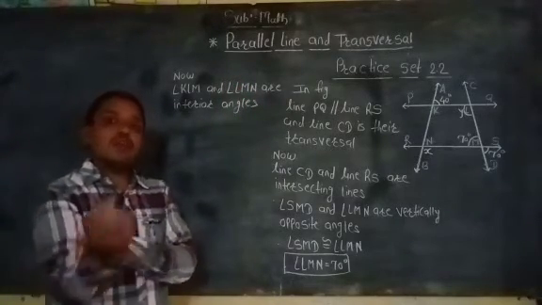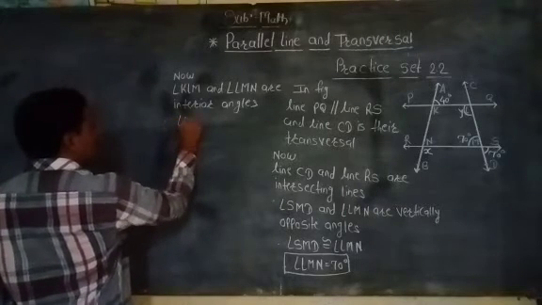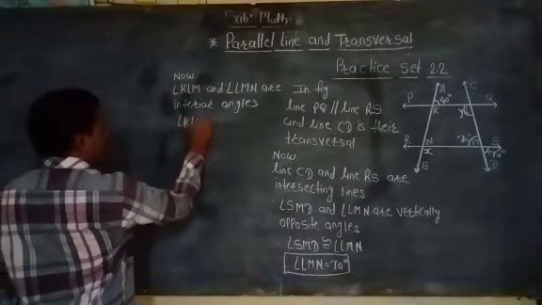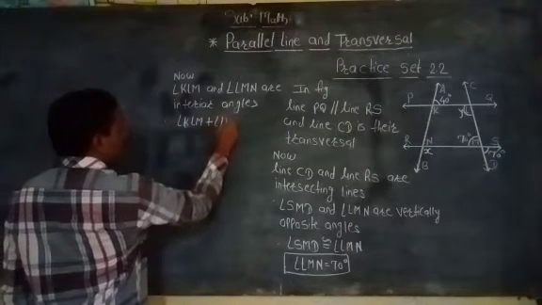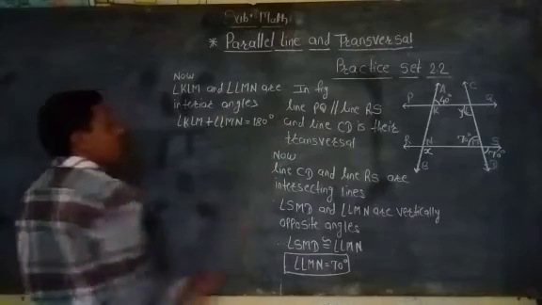That means they are supplementary to each other. Therefore, angle KLM plus angle LMN is equal to 180 degrees.